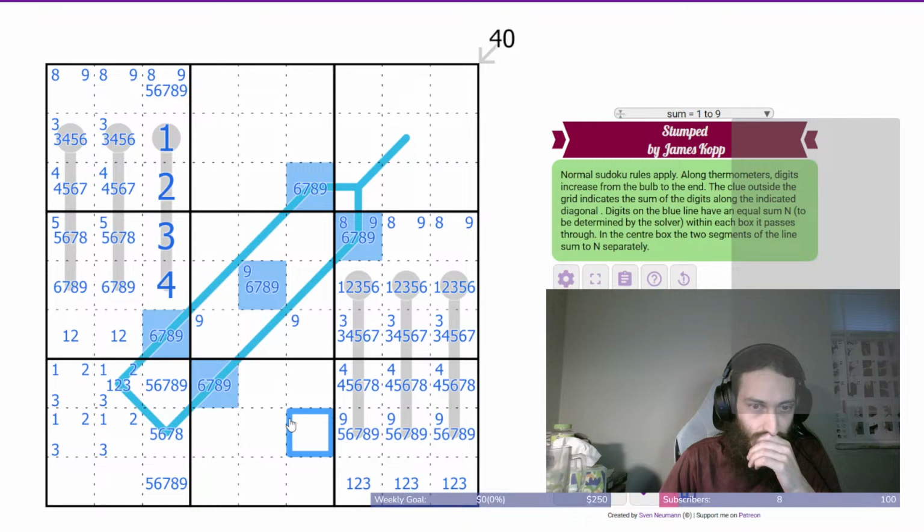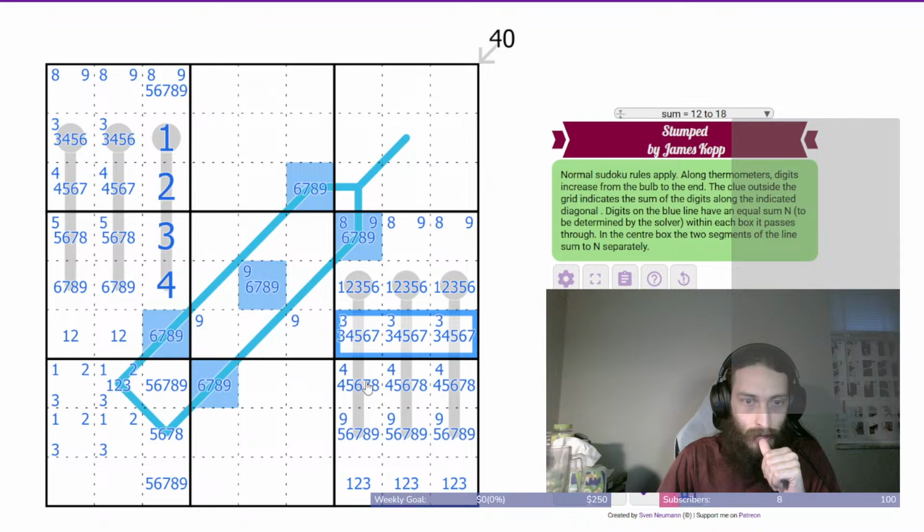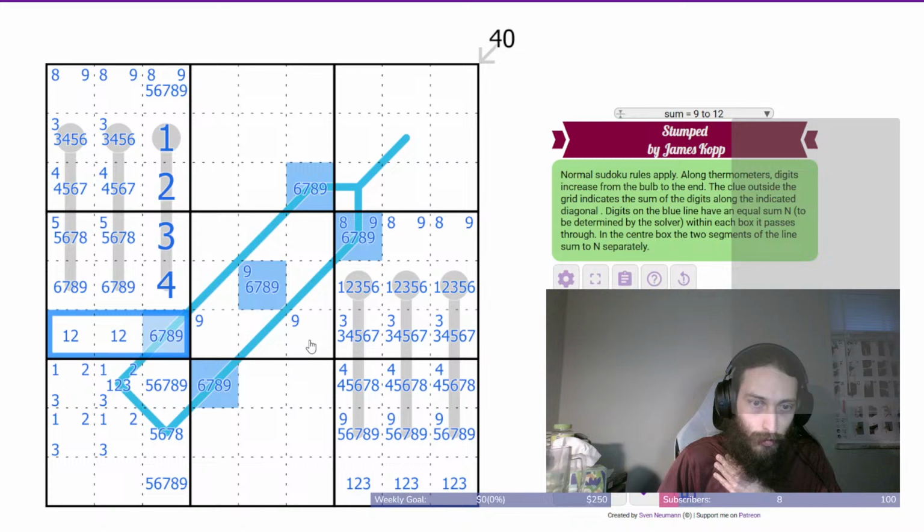But I think that is the rest of that. Somehow we're saying that 3 has to be here, and the reason we know that for certain is because you can't have any 2s here because of the 1-2 pair.